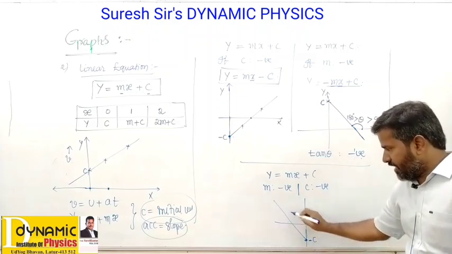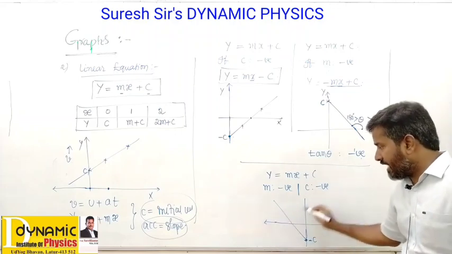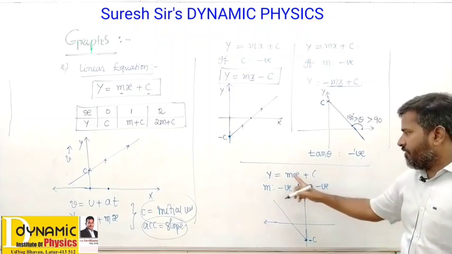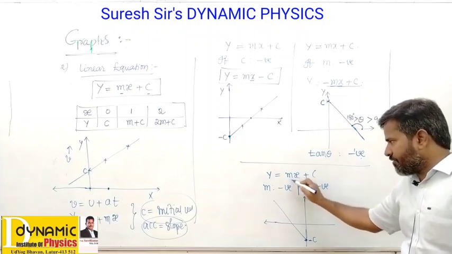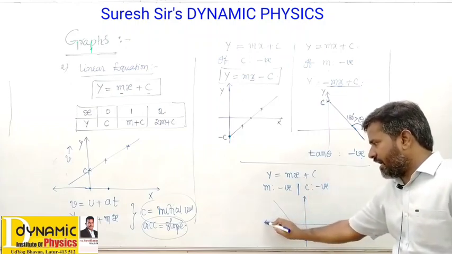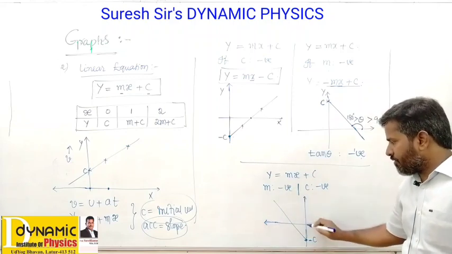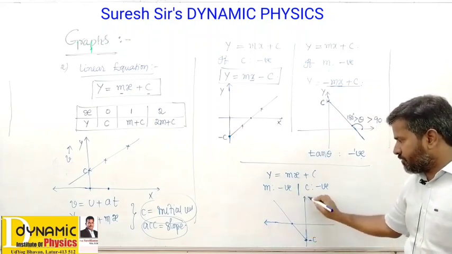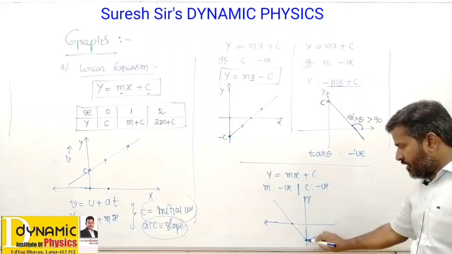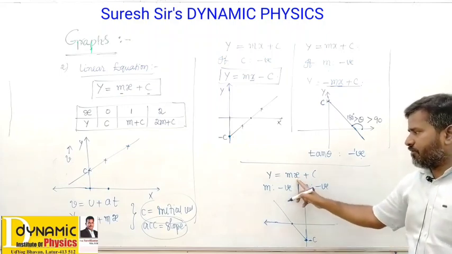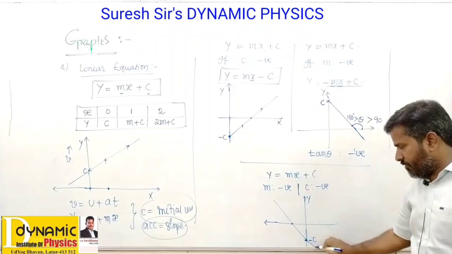This is a straight line not passing through the origin. When the x value is negative, y is positive. When the x value is positive, y becomes negative. This is the shape of the graph.